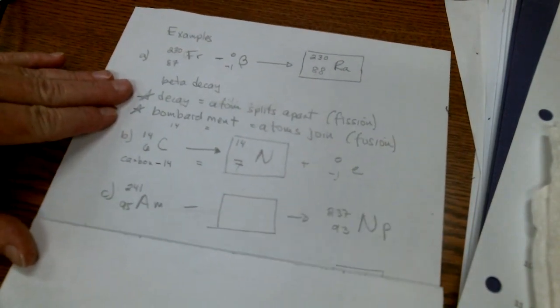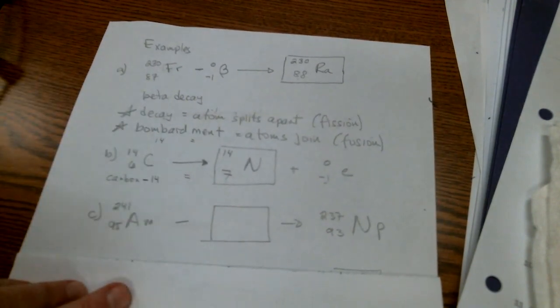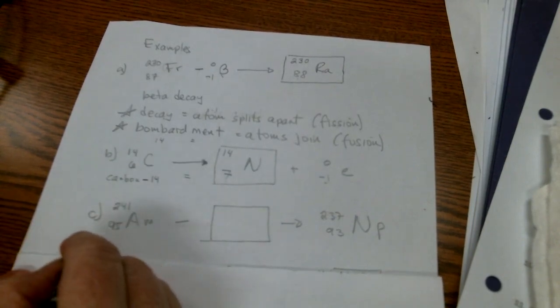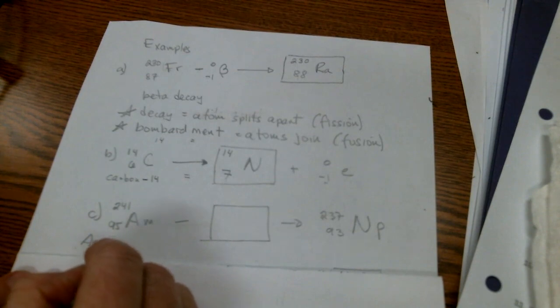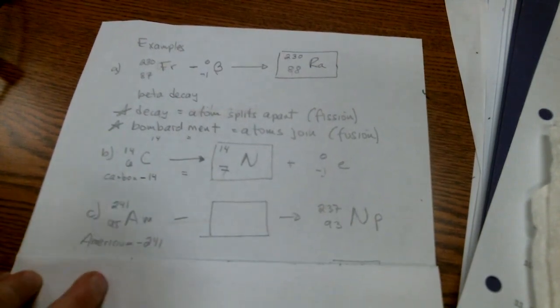Okay, let's go to the next one. This is the same reaction that was in the lab that I did with the smoke detectors. This is americium, and it would be americium-241.